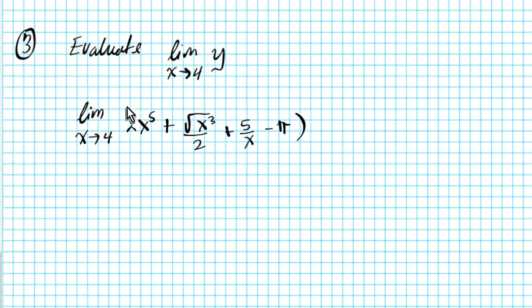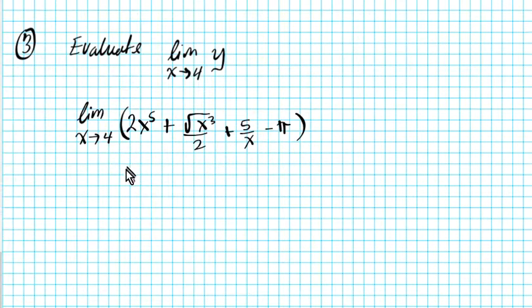So what does this function approach as x approaches 4? Let's go ahead and evaluate this limit. So whenever you're evaluating limits algebraically, the first line of attack is to substitute, right? So just substitute and hope you get a definitive answer. If not, you have to employ other means.